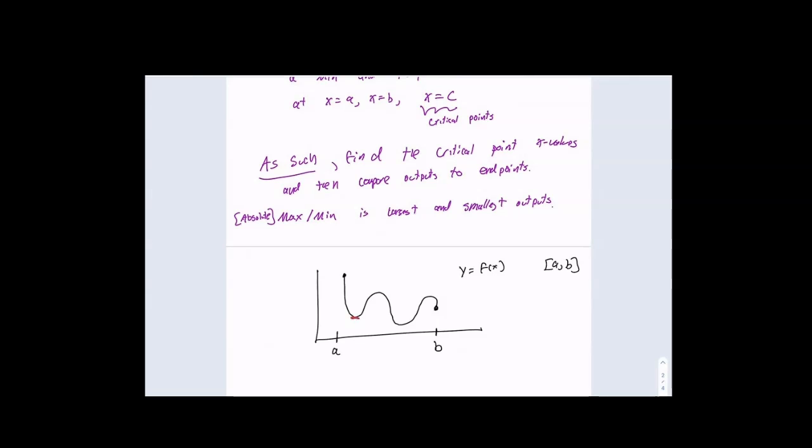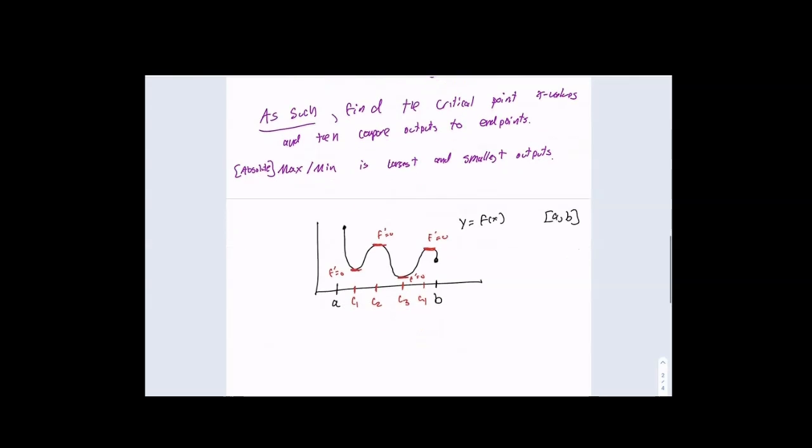One critical point here, we'll call that critical point 1. A critical point here, critical point 2. A critical point here, critical point 3. And a critical point here, critical point 4. So this graph has 4 critical points where the derivative is 0 in each of these places.